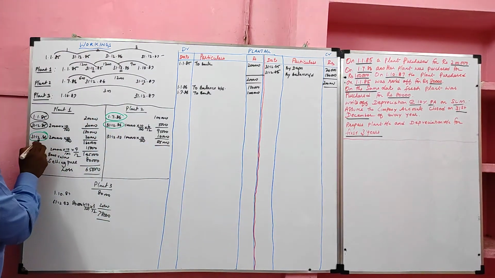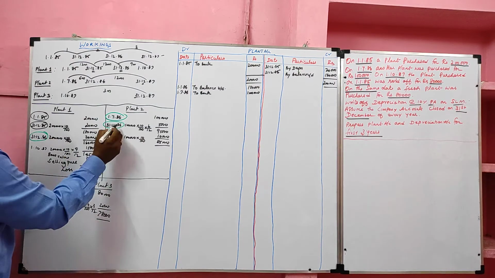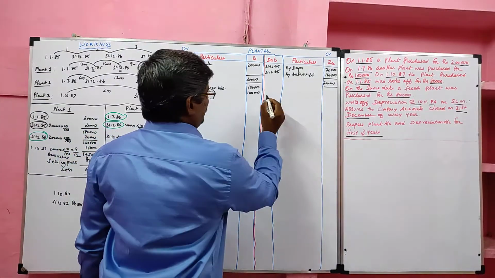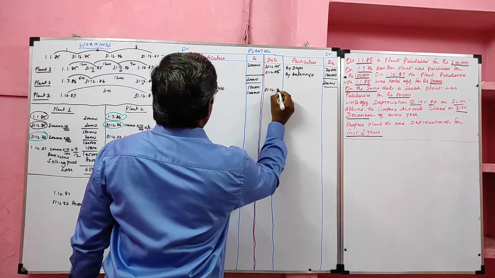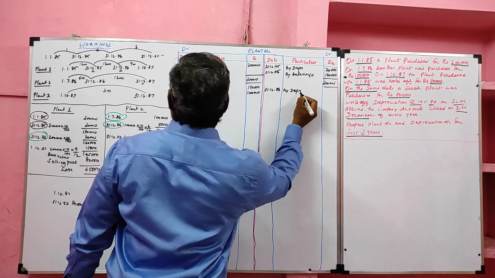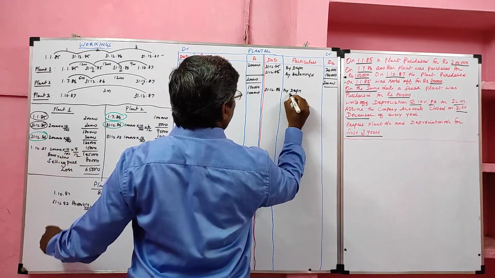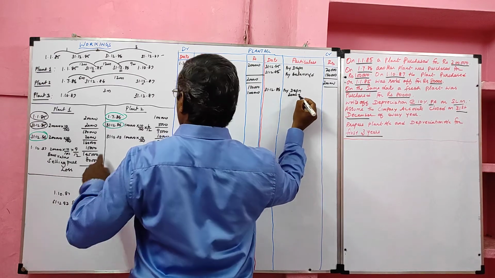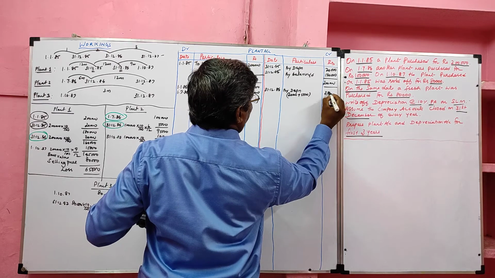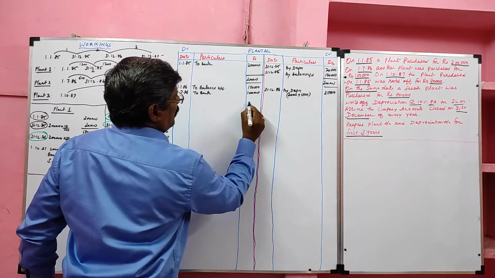Then on 31st December 1986 they have 2 transactions relating to depreciation. We can combine first plant and second plant depreciation. First plant depreciation how much? 20,000. Second plant depreciation how much? 5,000.